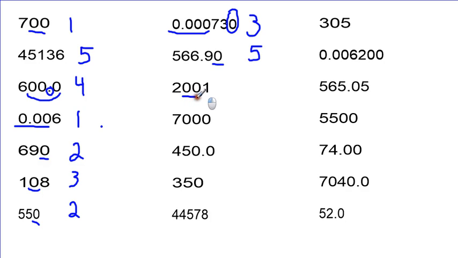In 2001, those 2 zeros are in the middle of the number. Middle zeros are always significant, so everything in that number is significant. These zeros are at the end of the number. There's no decimal point, so these ending zeros are not significant, only the 7 is. 450.0, these zeros are at the end.